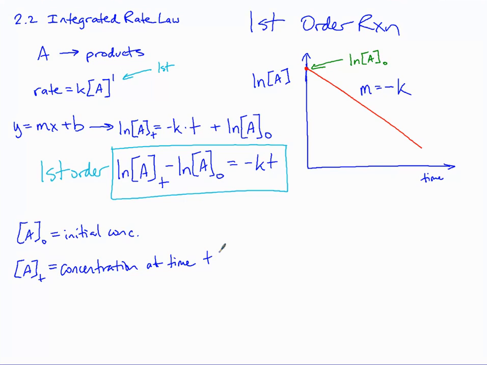So this one is on the AP formula sheet. It's not labeled first order, but as long as you can look at it and identify it from three different equations, the natural log equation is the first order reaction. So the next idea we have is the half-life.